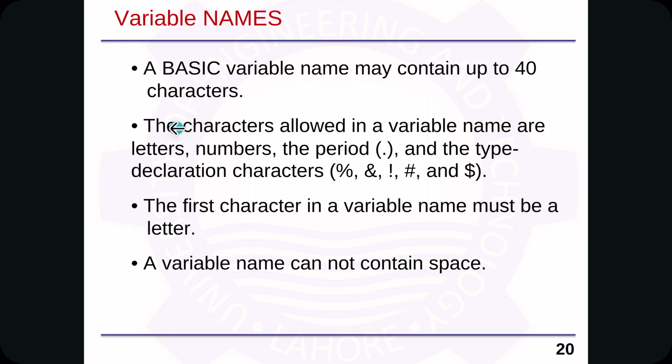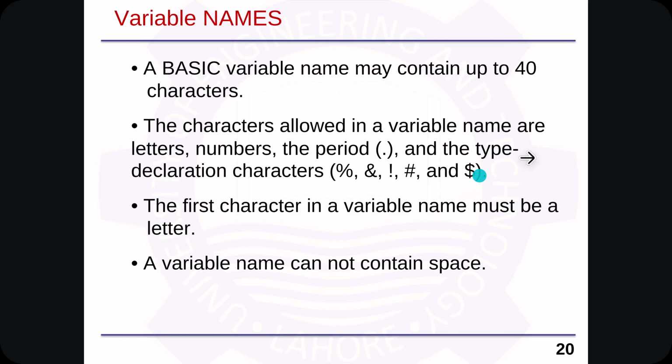A variable in QBasic may contain 40 characters. Also, the characters allowed in the variable name are letters and numbers. You can use a period, and also at the end of it all, you can let us know the type declaration. That is, you let us know the data type by adding a type declaration character, which has been listed here.